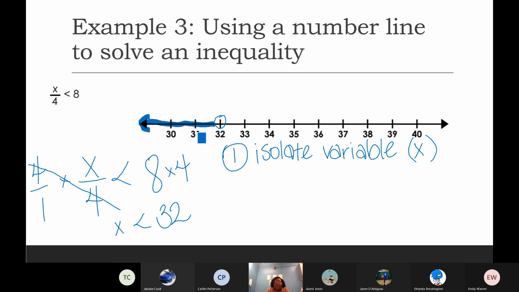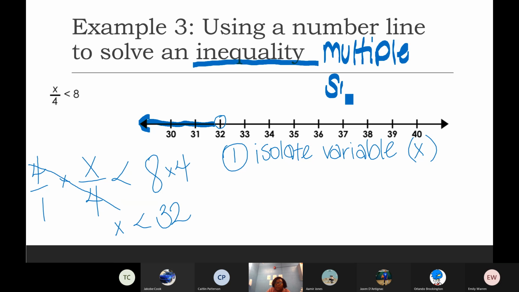What we just did on this number line, we showed that any number less than 32 could be what X is. Remember, because this is an inequality, it can have multiple solutions.